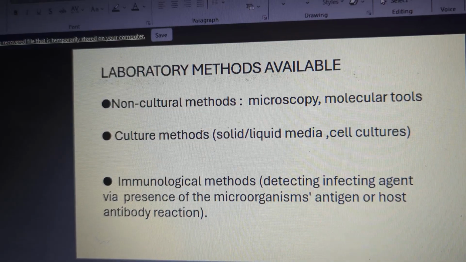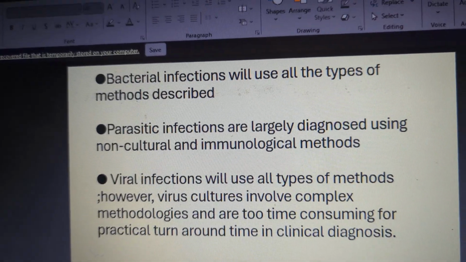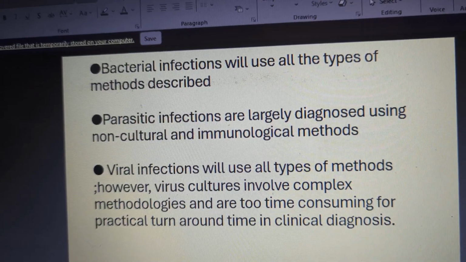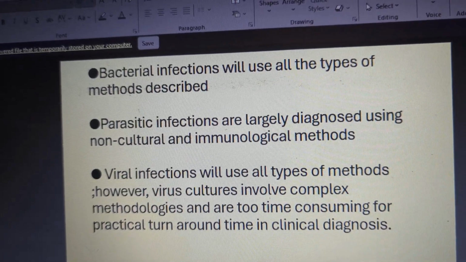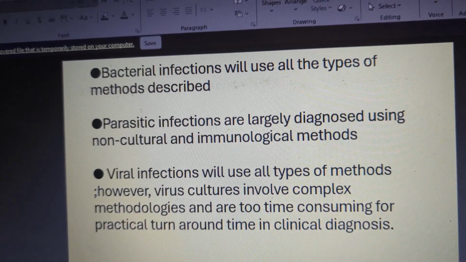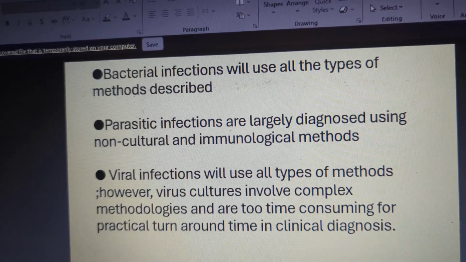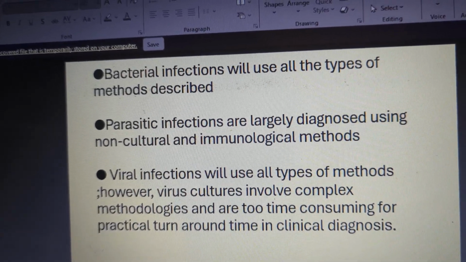Okay, so that being said, when we talk about bacterial infections, all the methods in the preceding slide that we've mentioned are applicable. We can use all of them.